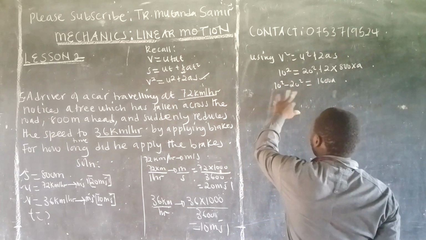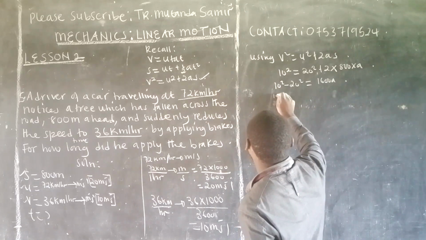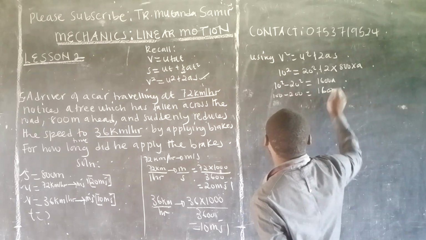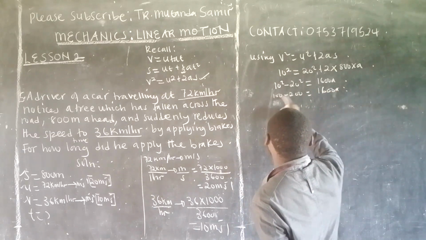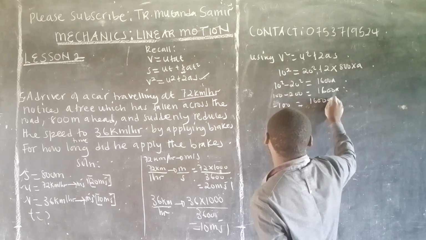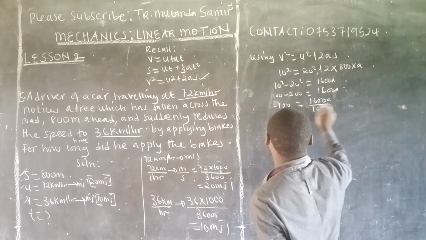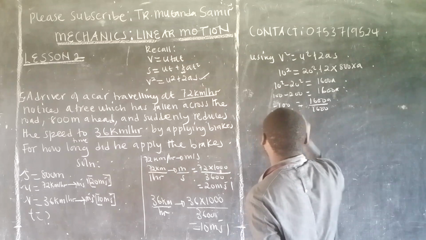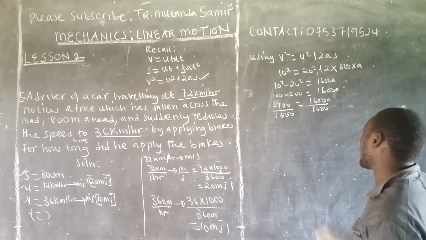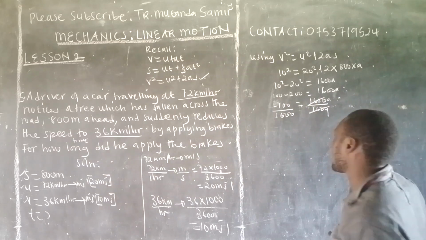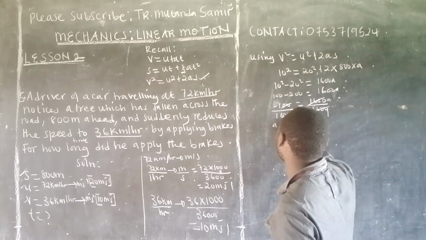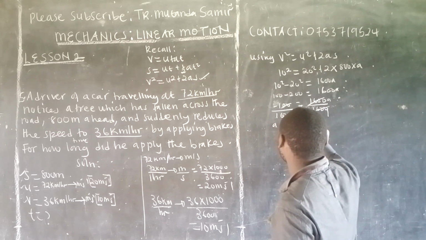When you subtract here, that will be 100 minus 200 is equal to 1600A. This will give us negative 100 is equal to 1600A. Divide by 1600. Now we are going to get the A. Once you get the A, we shall use some other equation to now get the final answer. So the A will now be equal to, these zeros will cancel, negative 1 over 16 meters per second squared.